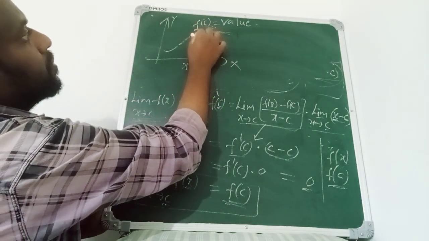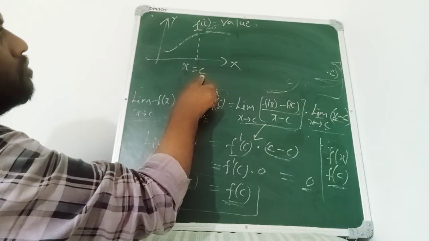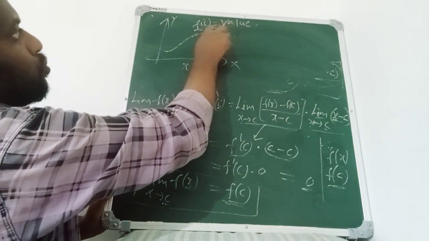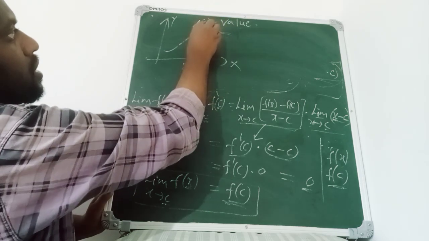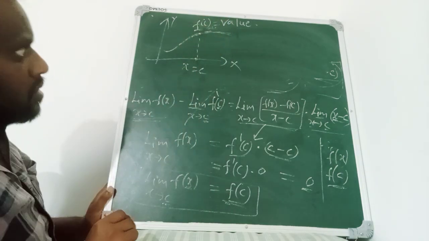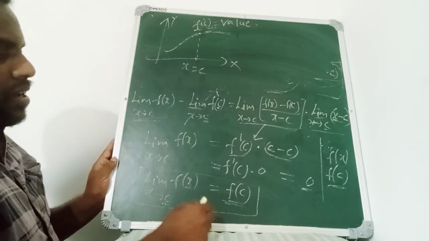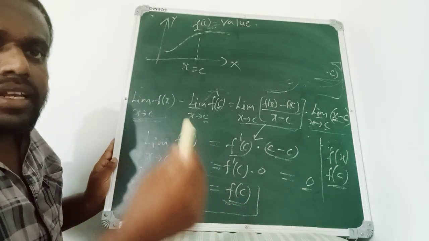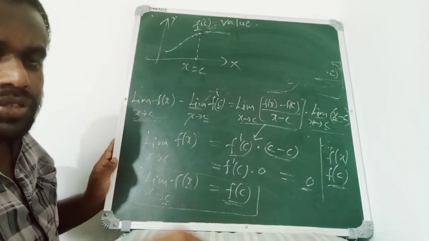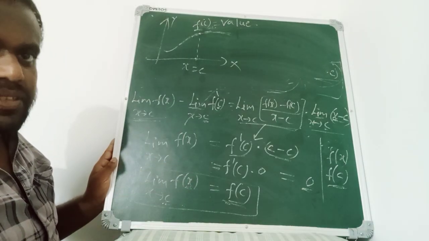It is continuous because at x equal to c, we have a value. We have a value for f of c here. So that is what this equation is telling: at x equal to c, there is a value. So when there is a value for x equal to c, that means the function is continuous.